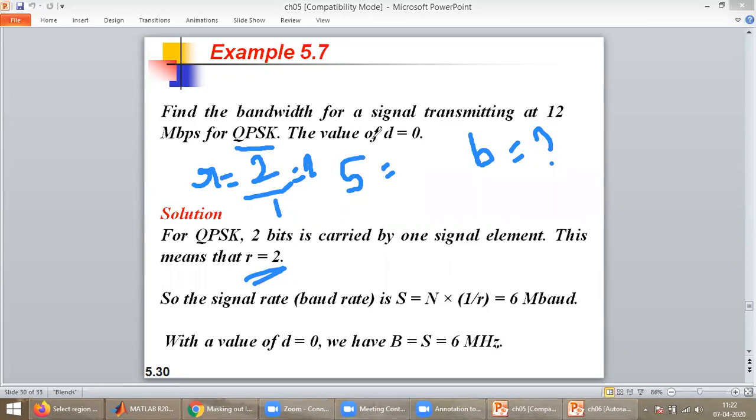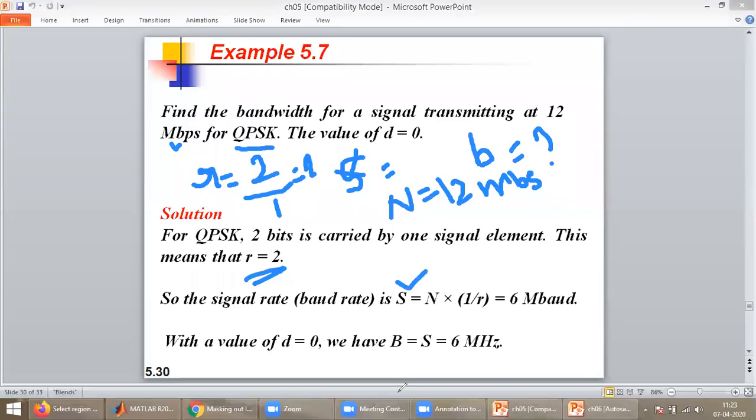Sorry, here they gave the N value, not the S value. Bits per second means N, right? So N is 12 Mbps, and we have to find the S value.